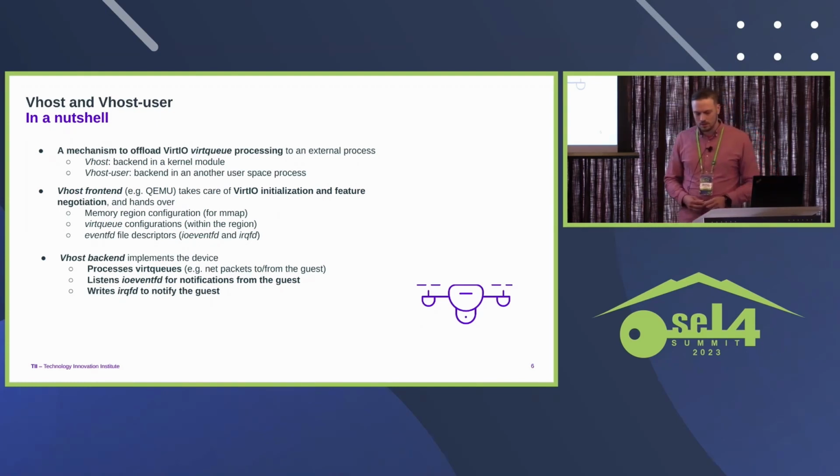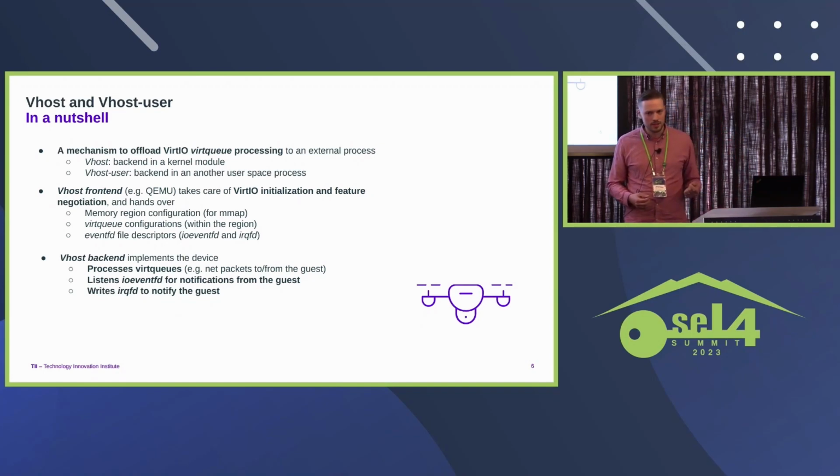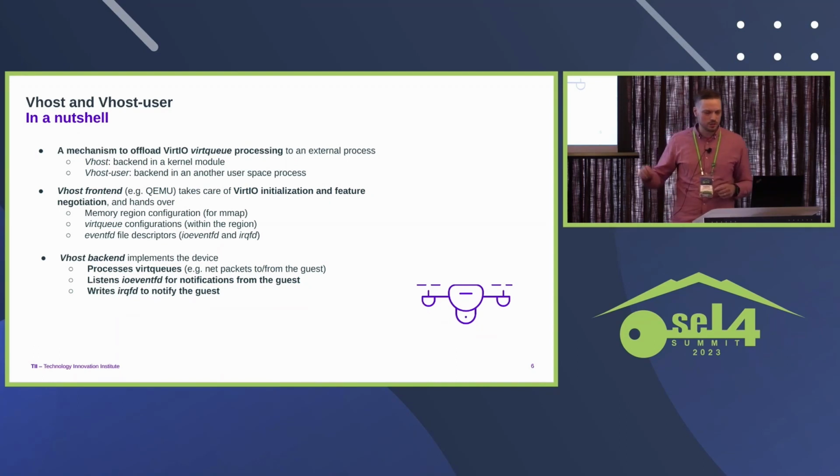And then we have the signaling mechanism. ioeventfd basically listens for writes from the guest side. And the irqfd is the other way around. So when the backend has something for the guest, it will write this file descriptor and it will inject an IRQ on the guest.